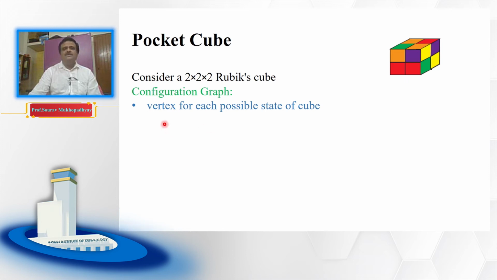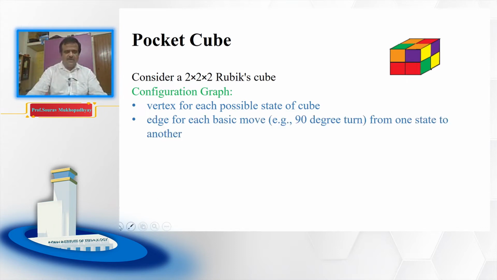Each position, each state of this cube, is a vertex, like this is a vertex. Now if you make one change, like a 90 degree turn in any direction, that gives us another position, and that will be another vertex. And the edges: when you make one 90 degree turn, in any direction, that will be an edge.